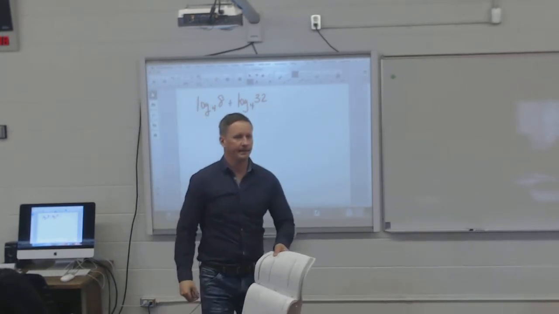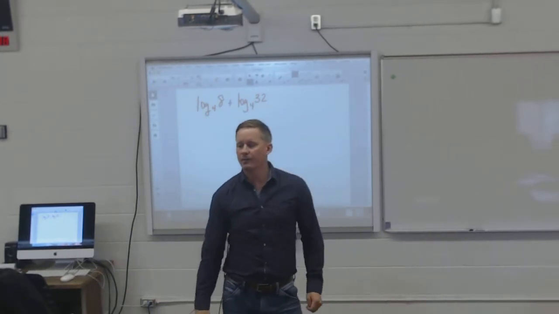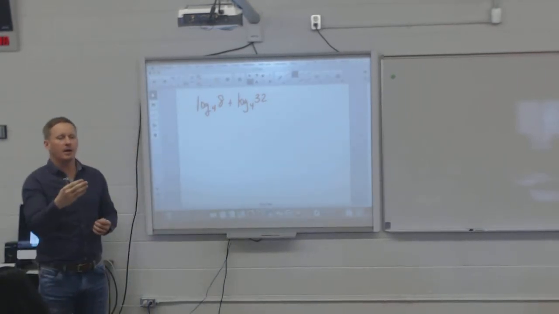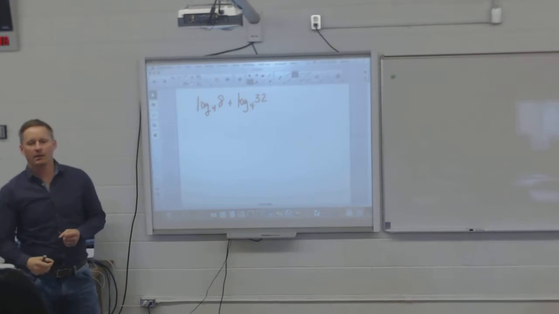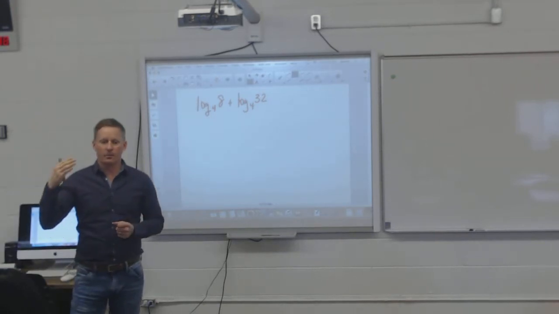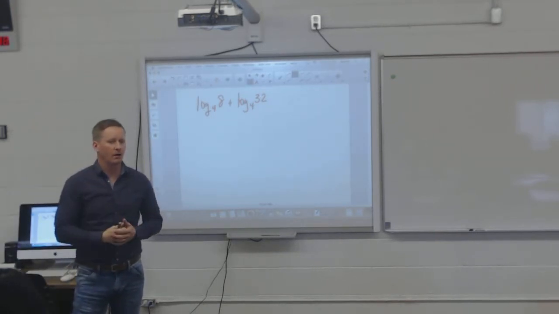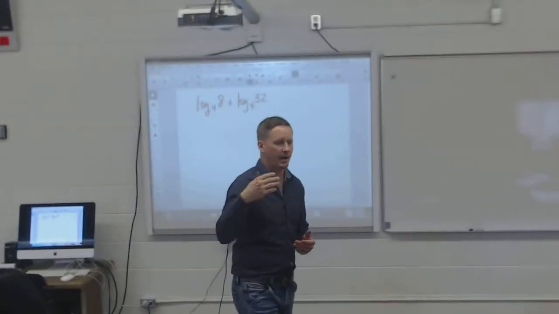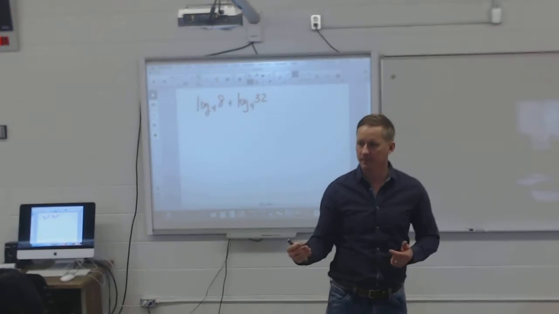Okay. So in order to evaluate these, you're looking to get the numerical value, the 8 and the 32, such that we can eventually cancel it out with base 4. So what does it have to be then? It'd have to be 4 to the power of something, right?